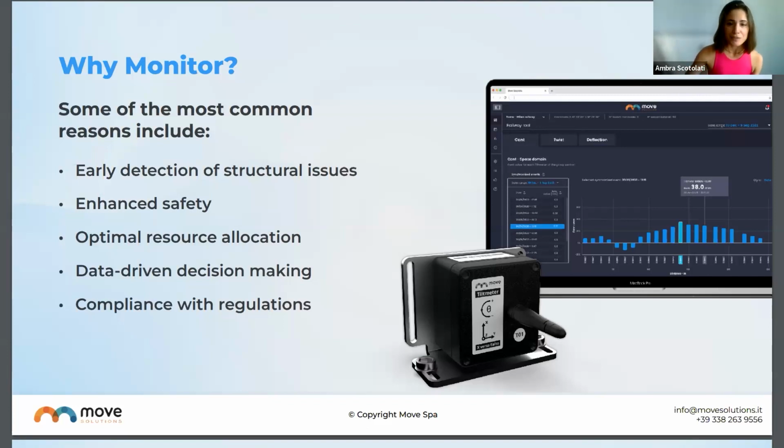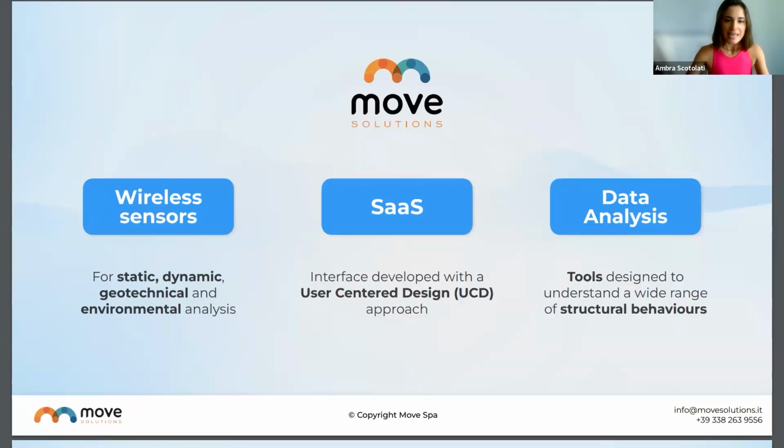Another benefit of structural health monitoring is that all information collected by the sensors about the behavior, the health, and the condition of a structure can be used for data-driven decisions, which improves maintenance strategies and infrastructure planning. Finally, structural health monitoring also plays a crucial role in ensuring compliance with regulatory standards and requirements. So these are just some of the reasons. Obviously, there are more.